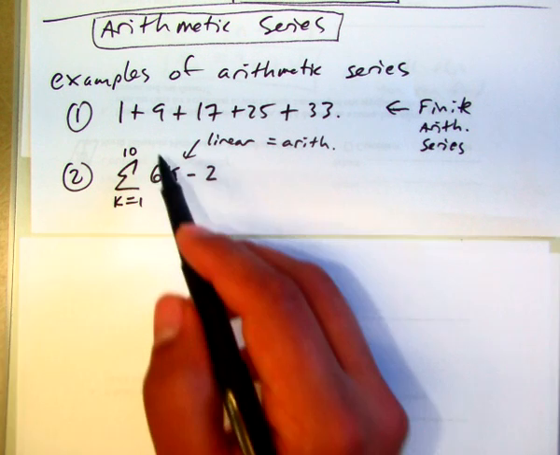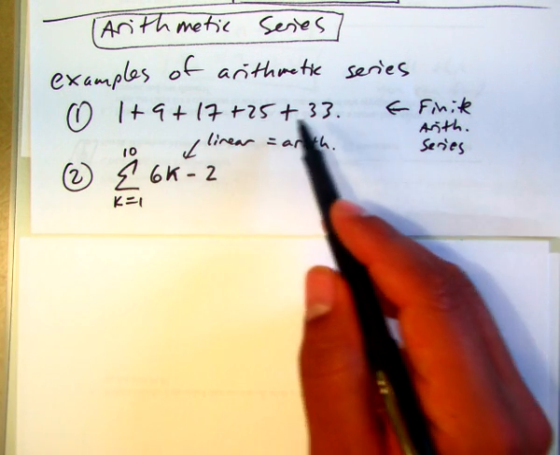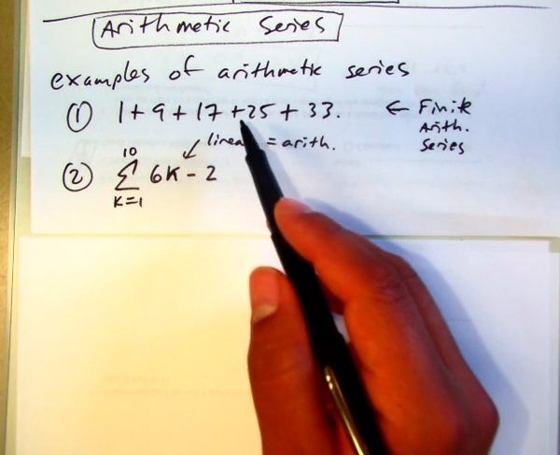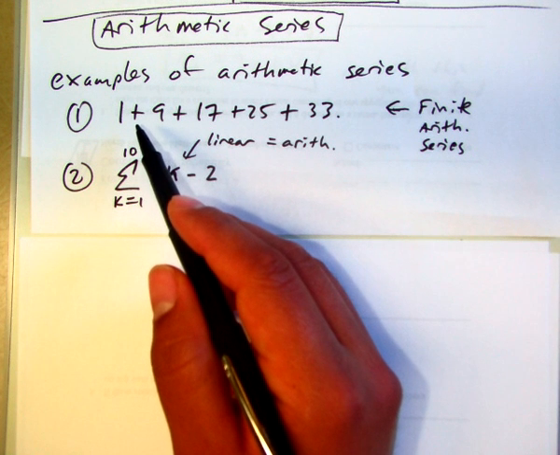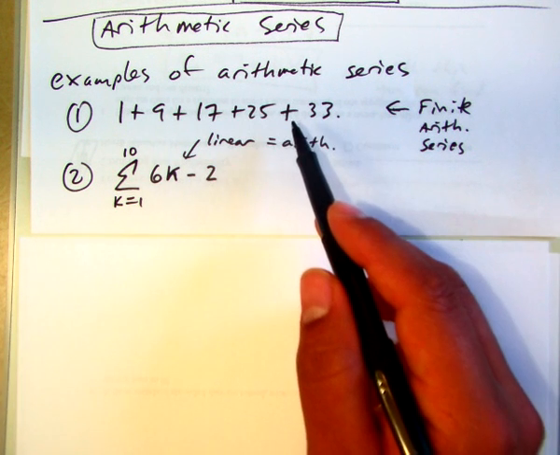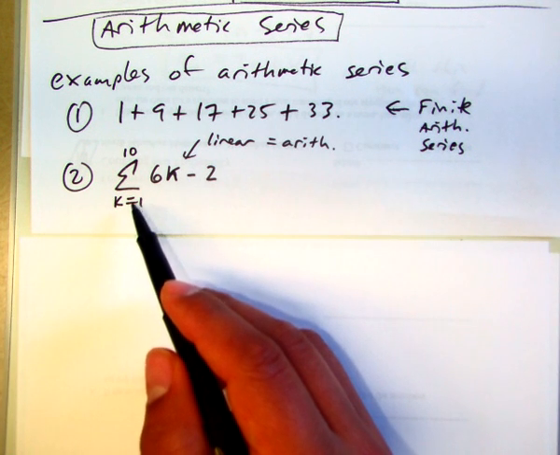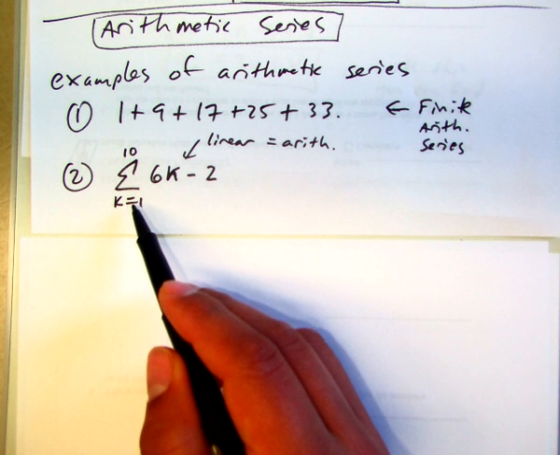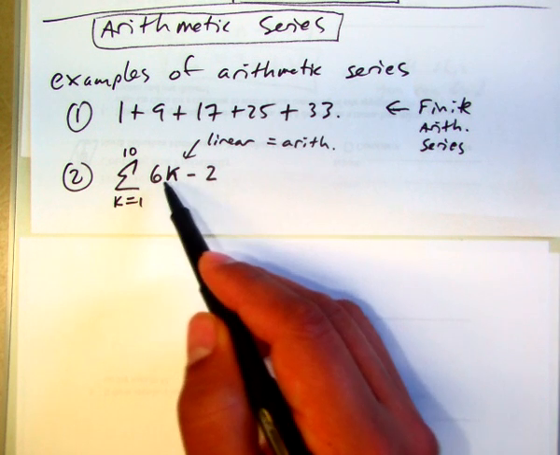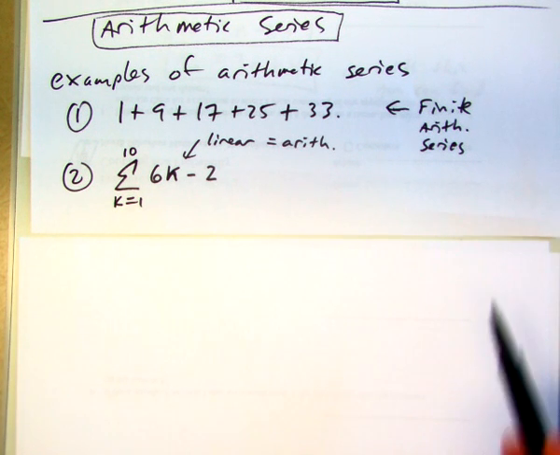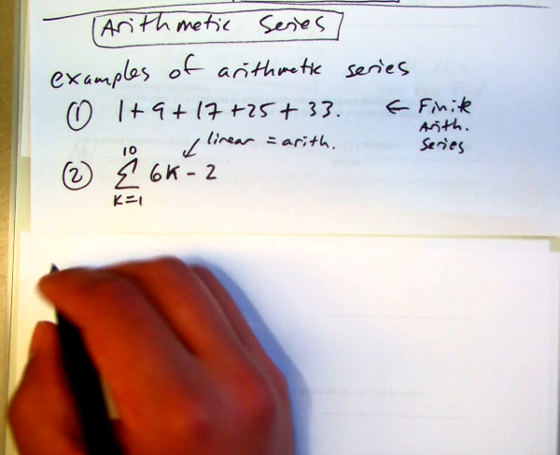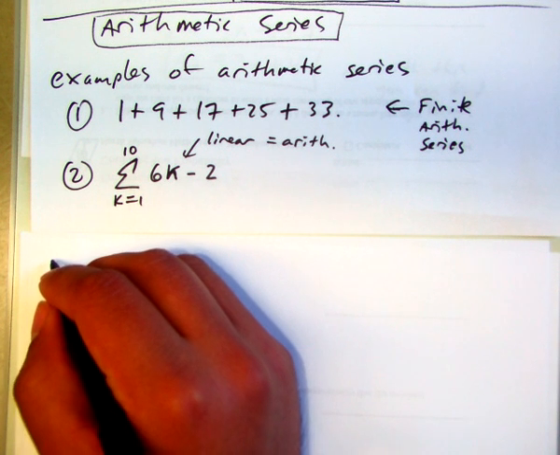I mean, certainly these don't have very many terms, so we could actually just add these 5 terms together and be done with it. We could plug in 1, 2, 3, 4, 5, 6, 7, 8, 9, and 10 into this formula, and then add all those terms up and be done with it. Okay, but here's the formula.